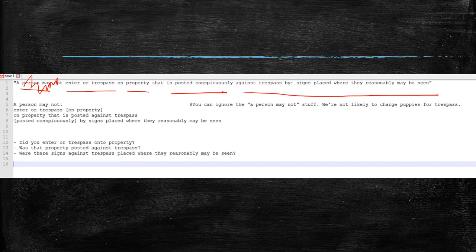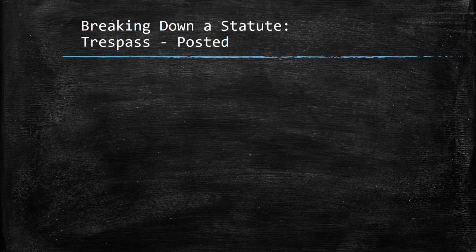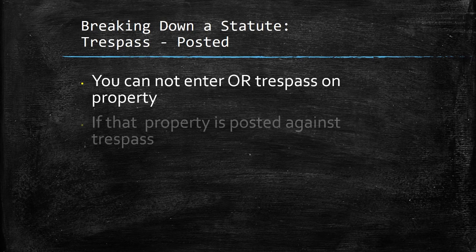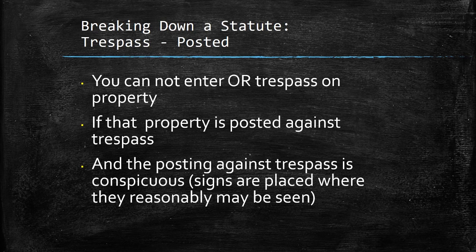That property is posted against trespass, and it's posted conspicuously by signs placed where they reasonably may be seen. So you're going to want to be careful putting things in your own words. Make sure that you're getting everything exact, otherwise you might come up with an issue later. But in this case, pretty sure this is what those words mean.